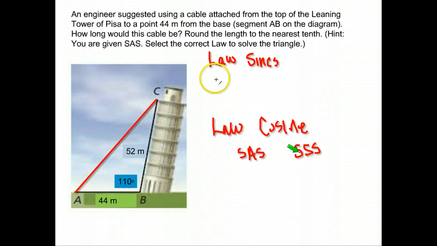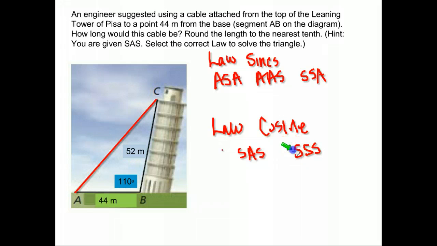Law of sines is used when you have multiple angles, so ASA, AAS, and also the situation SSA. So you would use law of sines if you have two angles and the side between, two angles and a side not between, or two sides and an angle that's not included.